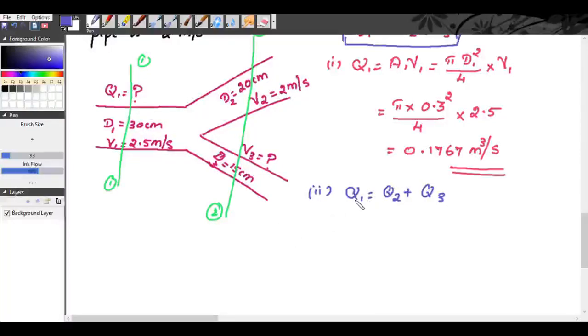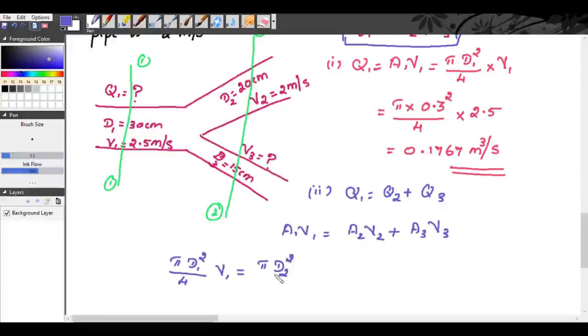What is Q1? We will substitute, that is A1 V1 is equal to A2 V2 plus A3 V3. So A1 is pi D1 square by 4 into V1 is equal to pi D2 square by 4 into V2 plus pi D3 square by 4 into V3.